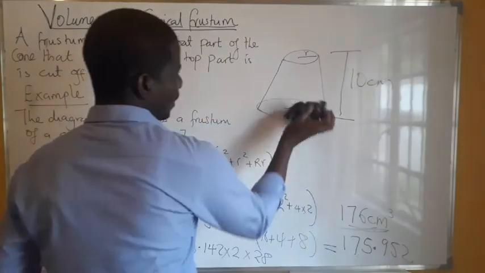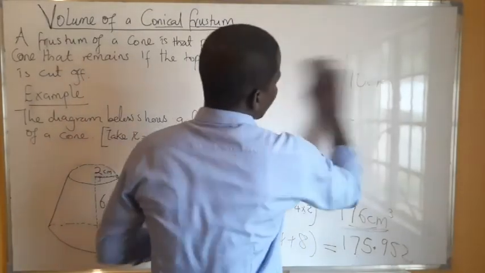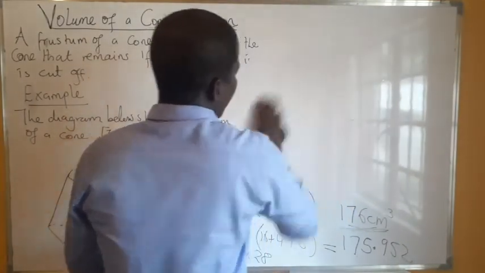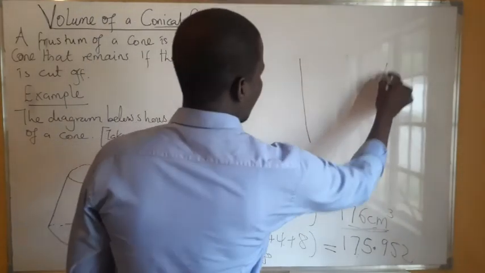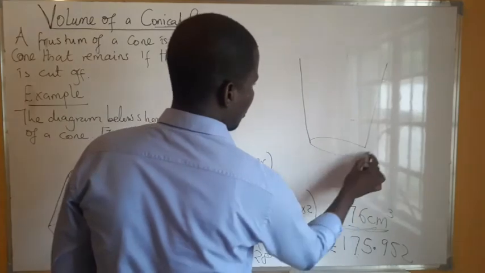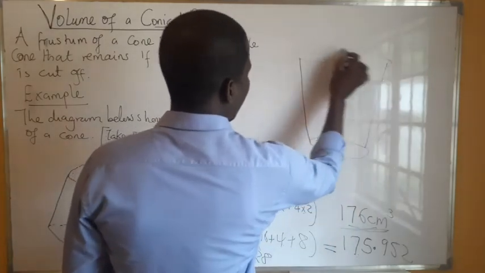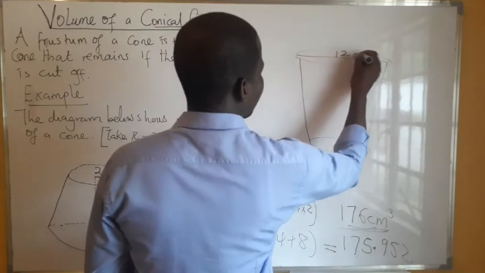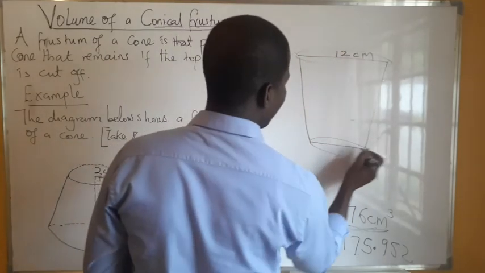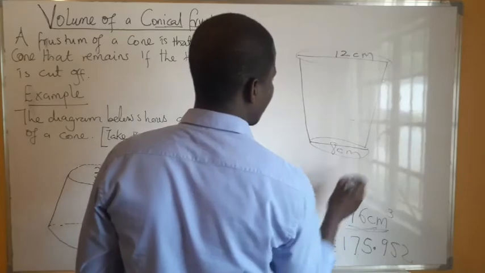When you've got a question like, you have something drawn like this, and then they have told you this is what? Maybe 12 centimeters. Then here, this is 8 centimeters. Okay?